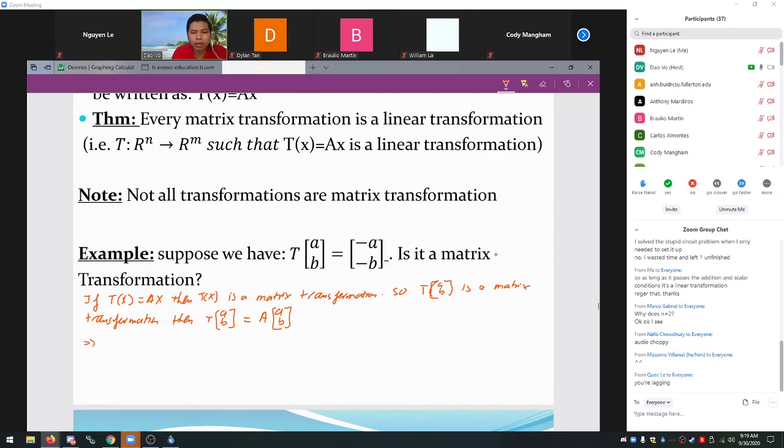So again, start with the definitions, right? So T of AB, which equals negative A, negative B. This can be converted into the matrix negative 1, 0, 0, negative 1, multiplied with AB, which satisfies the definition of a matrix transformation.